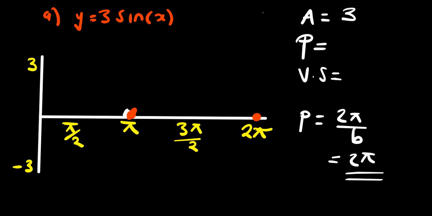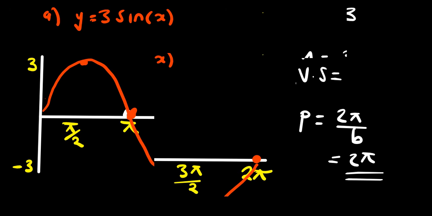It goes up and comes down like that. This is the graph of 3 sine x. Very straightforward.